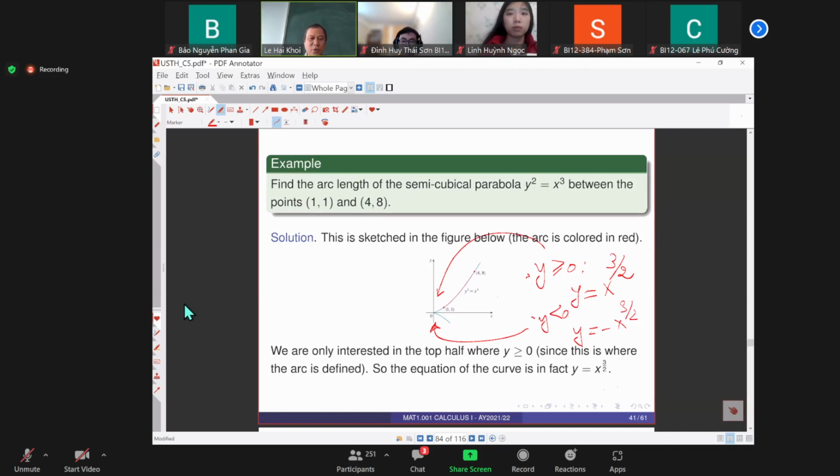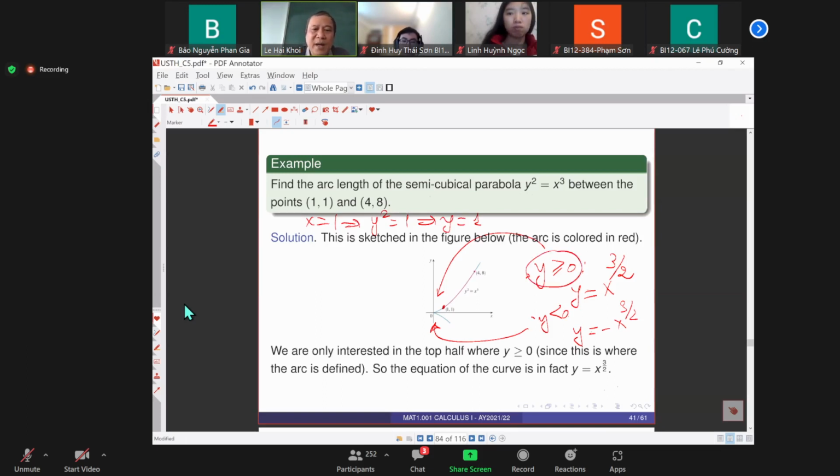You are asked about the point x equal to 1, then y equal to 1 from here. For x equal to 4, here should be 4, right? Correct. So if x equals 1, then y squared is 1, then y is 1, because we talk about the upper part.